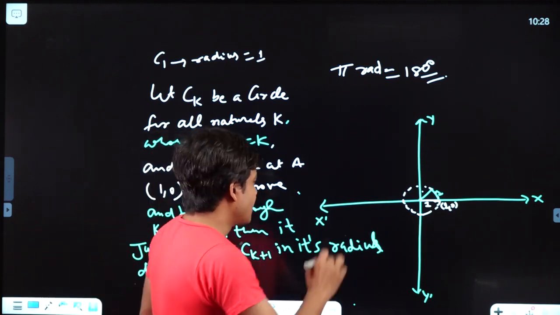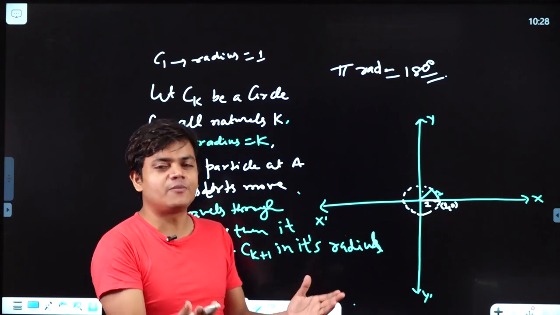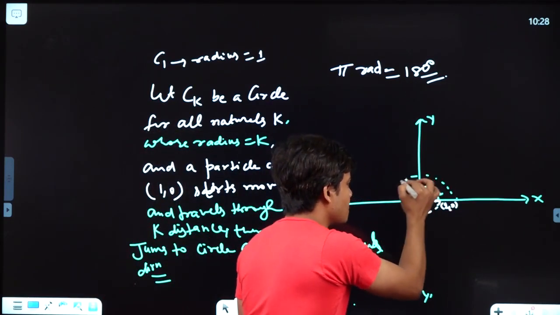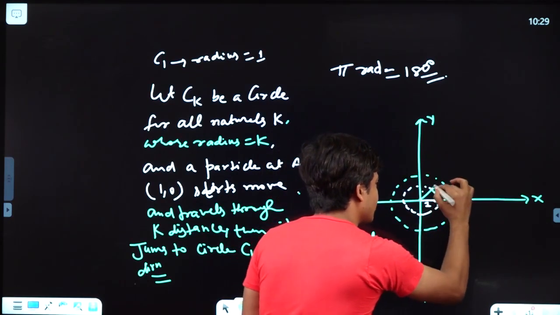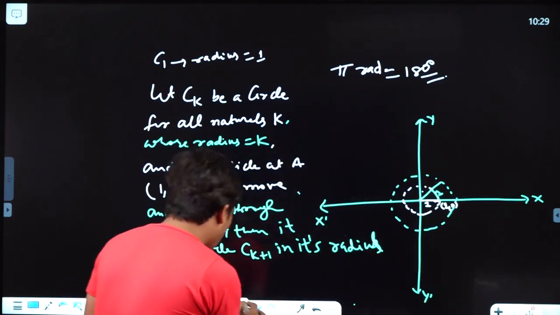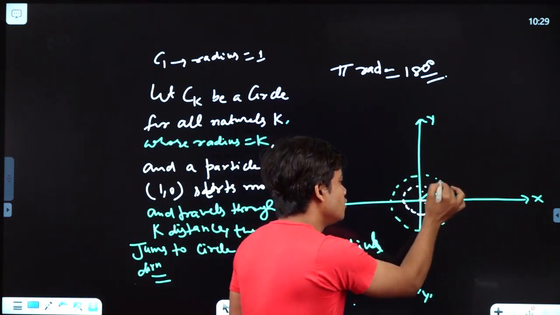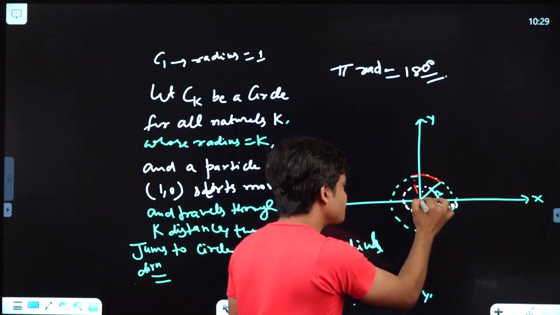This means now this is your C1, and after C1 there will be C2. So now it will jump to C2 along the radius, in the radial direction, and now it will move 2 distance over here. Now this distance is 2.